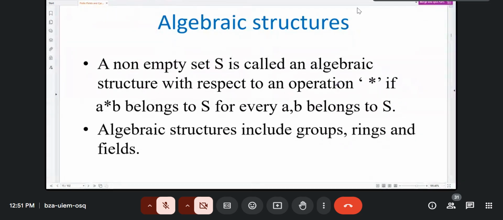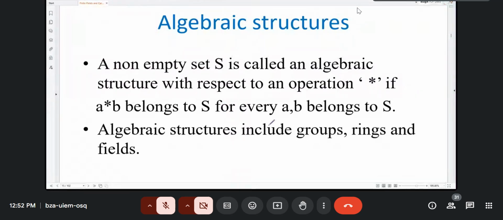What we are saying is that if you have a set and when you carry out an operation, whatever you get is still within that set, then we can say that is a structure with respect to that operation.